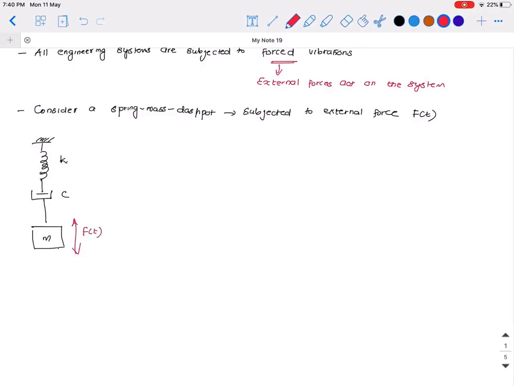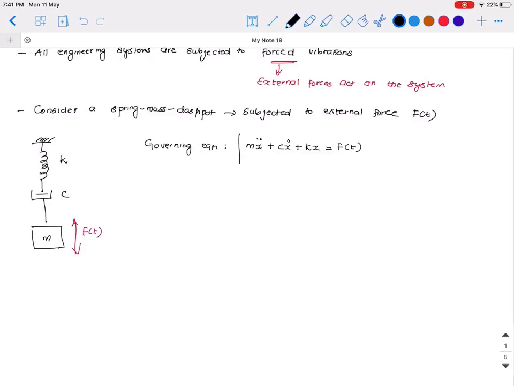The governing equation you can very easily write in a straightforward way. The governing equation of the system is m x double dot plus c x dot plus k x is equal to 0 for a free vibration. Now that becomes F of t.